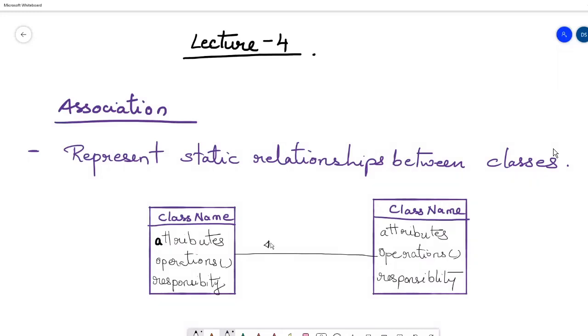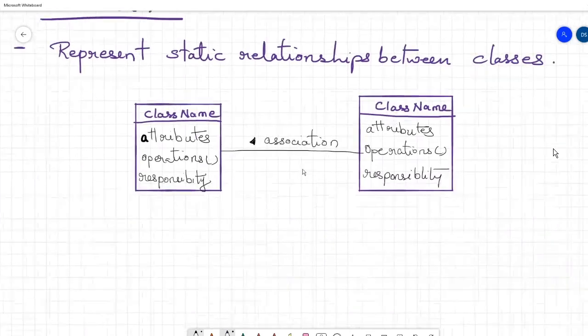Now whenever we show a relation between two classes, that is a static relationship, which is called association. So it is usually like this: an arrow is added, and here the association, that is the relationship name, would be written. So we always write the association name, and that defines the relationship.